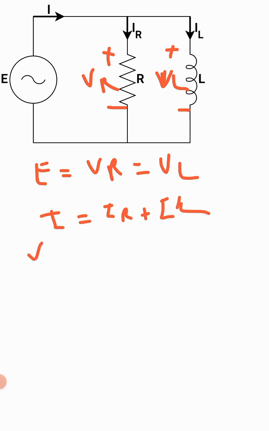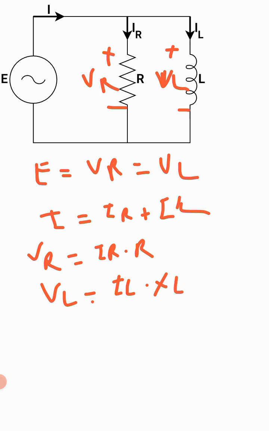Similarly, you have VR, that is IR times R, and VL, that is IL times XL. XL is the reactance of an inductor.